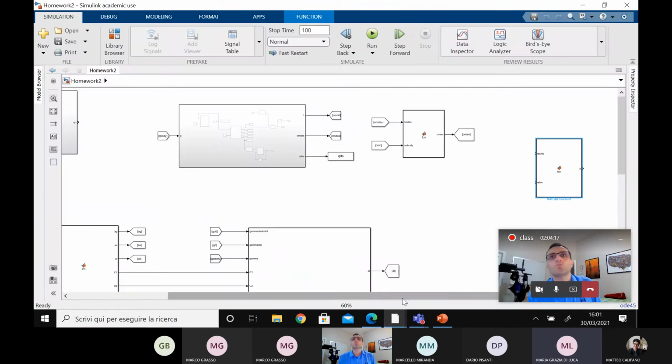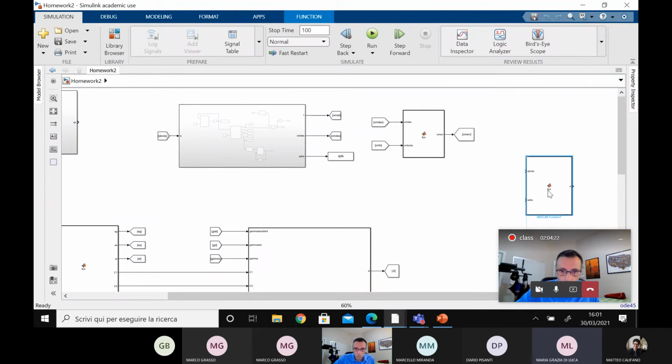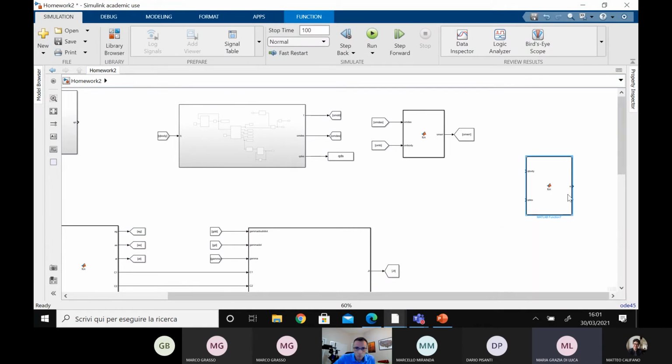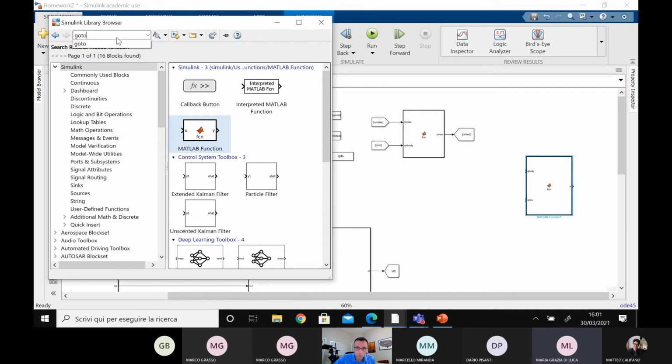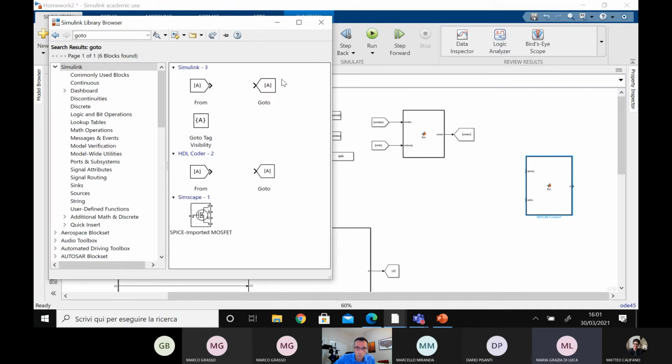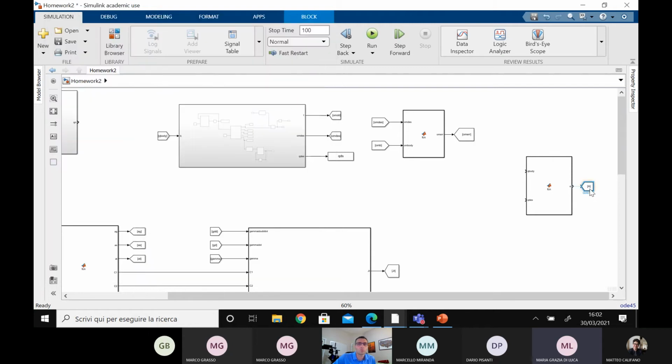Yes. Okay. And now, first, this one will go into the function that computes the immediate work. And here, what I need is the desired quaternion.